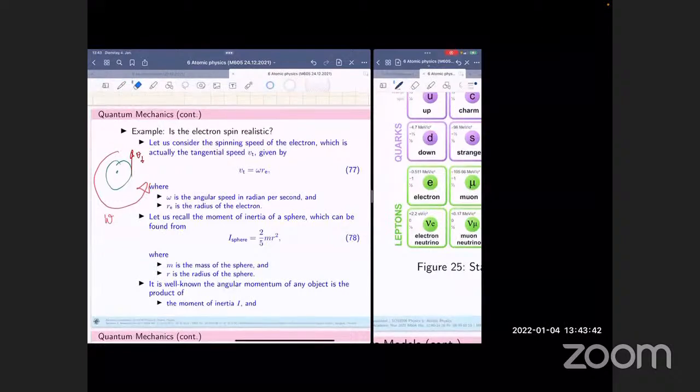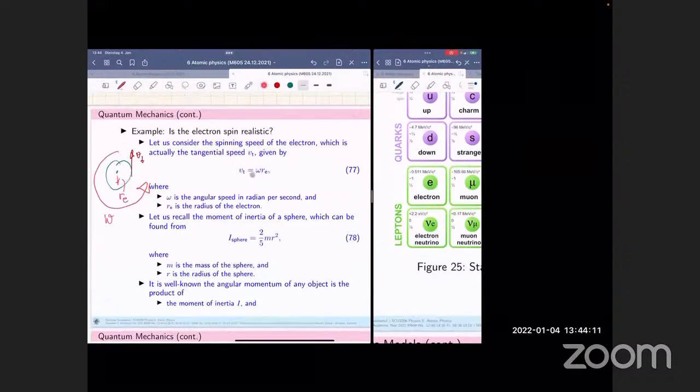And let's say the radius of the electron is RE. So the tangential speed can be found from the product of the angular speed times the radius of this electron.